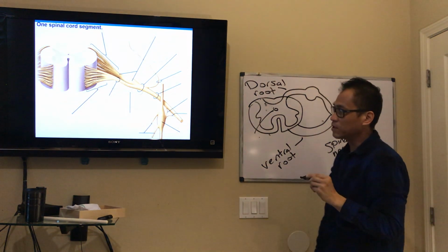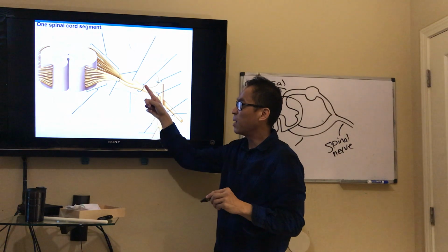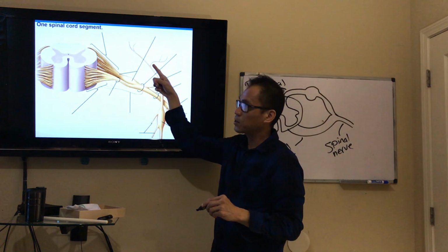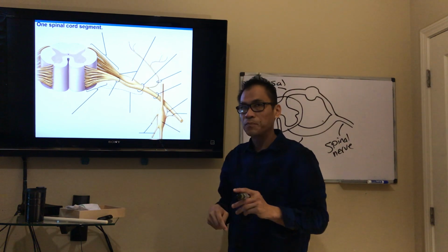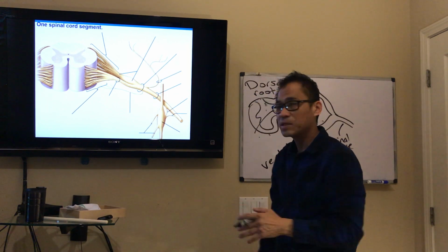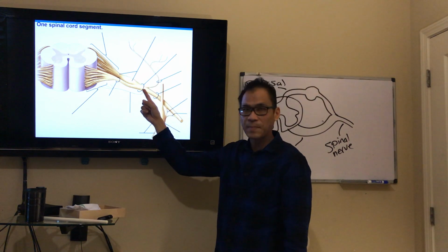The spinal nerve is a very short nerve. In this picture, it's right there. It immediately divides into this small branch called the dorsal ramus or posterior ramus, and this bigger one is called the ventral ramus or anterior ramus. Ramus means arm. These are the two arms or branches of a spinal nerve.